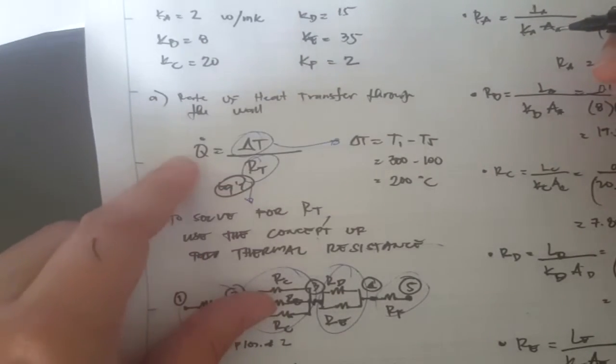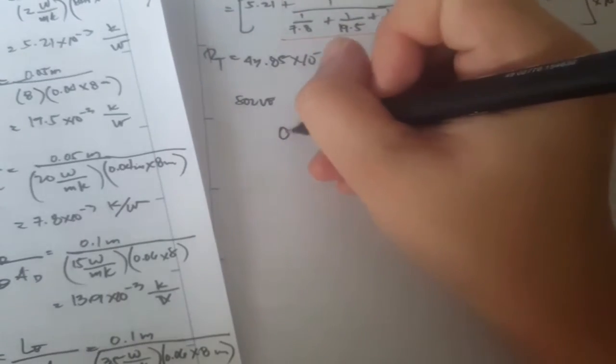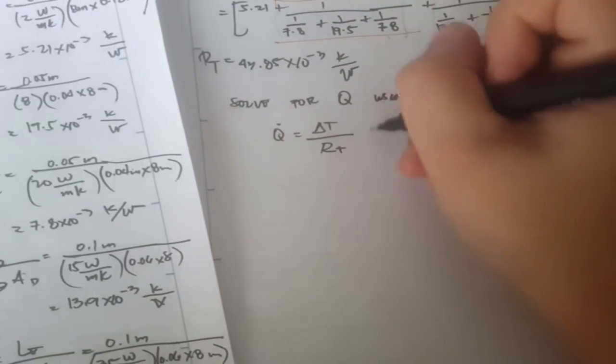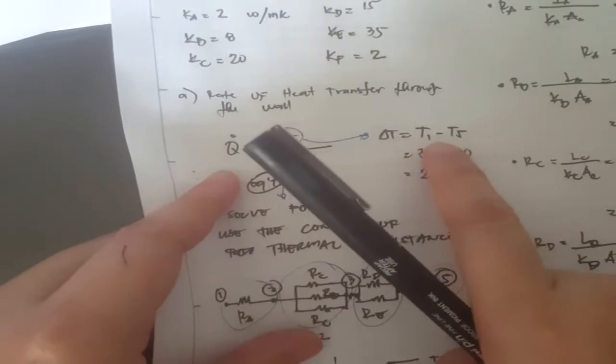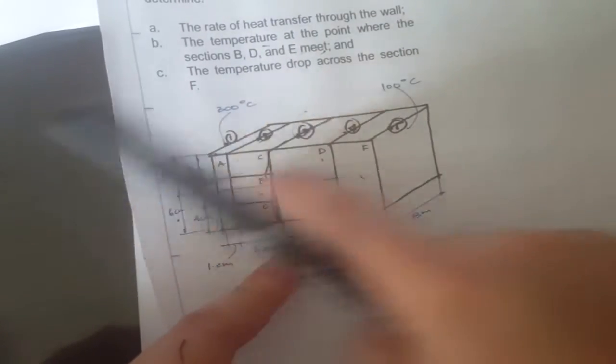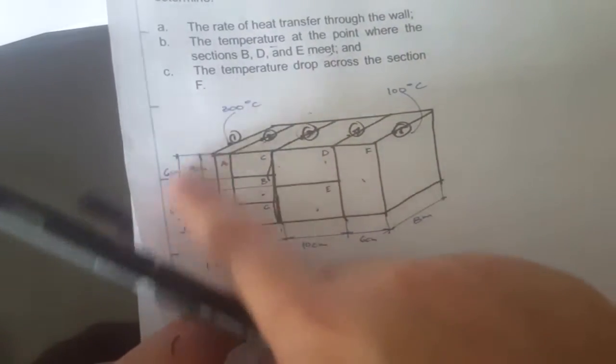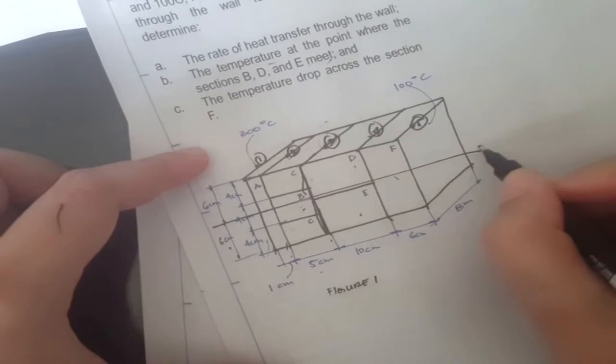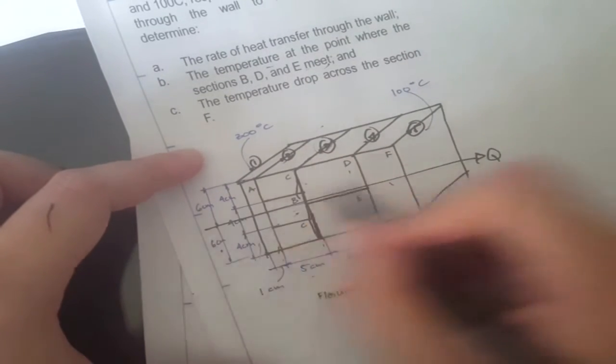The heat transfer through the wall is equal to delta T over RT, wherein our delta T is from point 1 to point 5, the overall temperature difference through the wall. So 300 minus 100 is 200 degrees C.